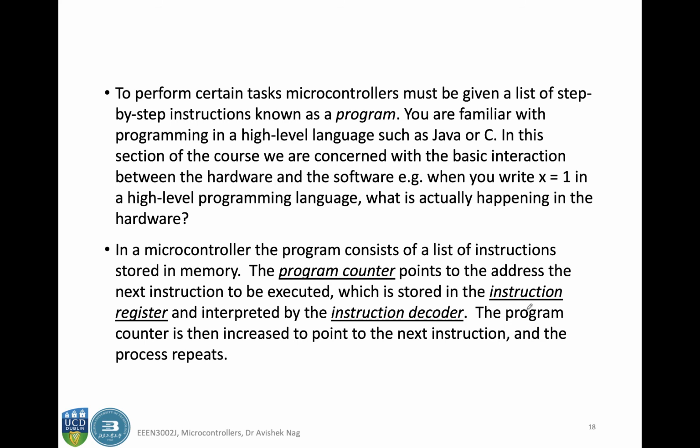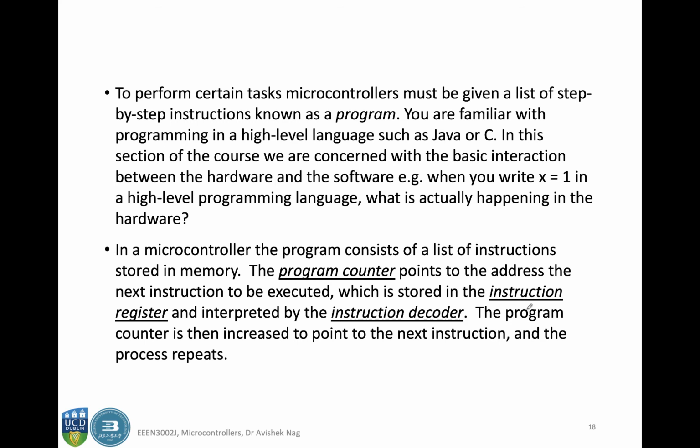See how the different blocks inside the CPU are working together to get the instructions executed. The program is a translation of the high level language program that you have written, let's say C or Java, into a machine level set of instructions that the microcontroller or the CPU can understand, and that is stored as a list of instructions in the memory.